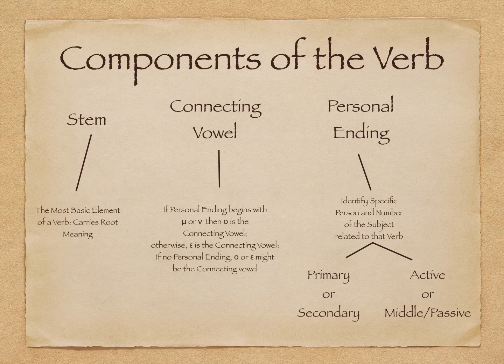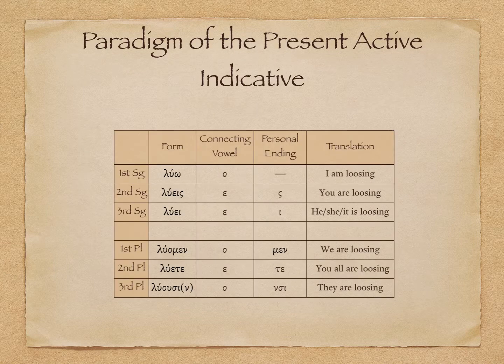You'll notice this in Mounce's book, and we will have a slide here in just a moment that bears this out. For now, here is a table that you need to become familiar with, and we will see many of these in the next few weeks. The paradigm of the present active indicative.